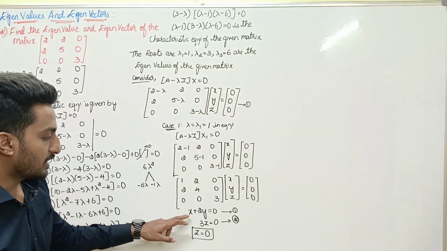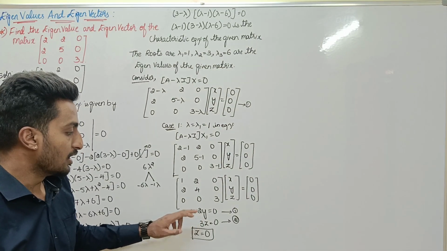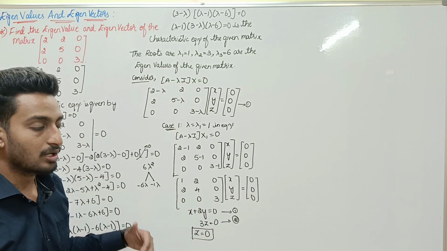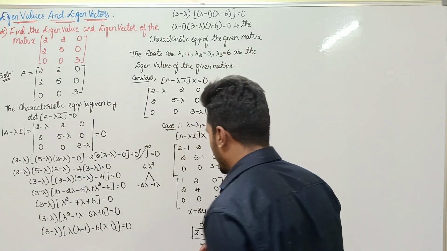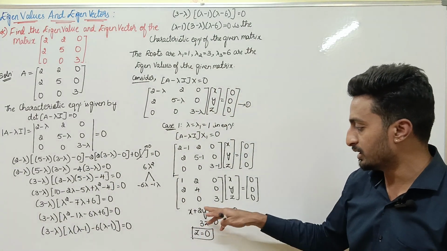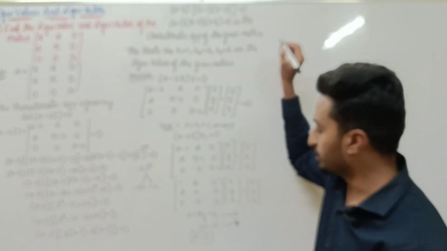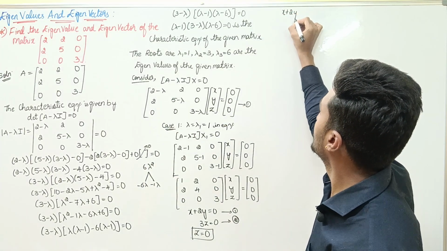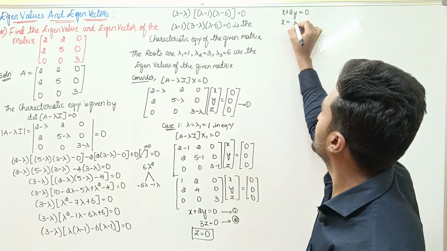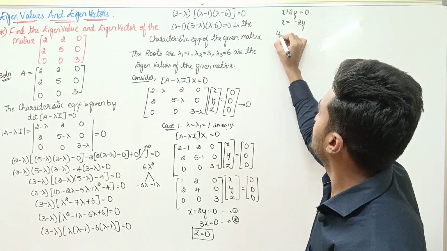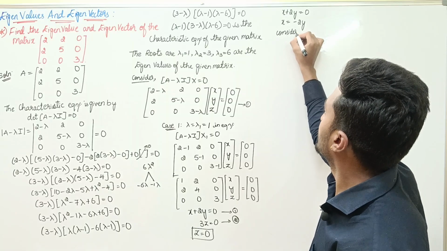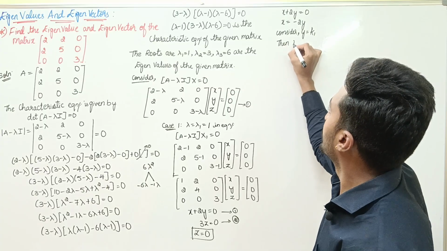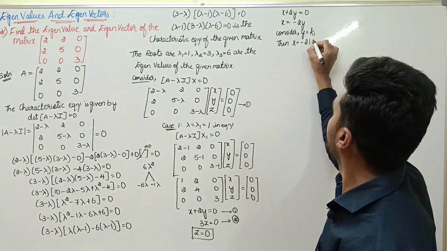But to find the unknowns x, y, I need to take some constant so that LHS and RHS should be equal to 0. Since I need to consider a constant value so that x and y satisfy, I am going to represent x plus 2y equal to 0, that is x equal to minus 2y. Consider y equal to k1. Then x equal to minus 2 k1.